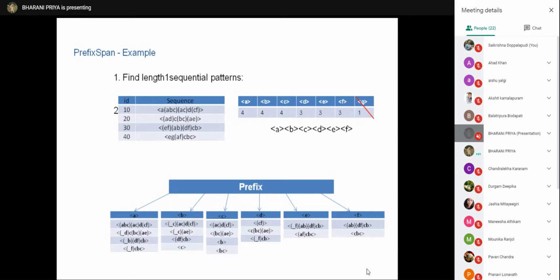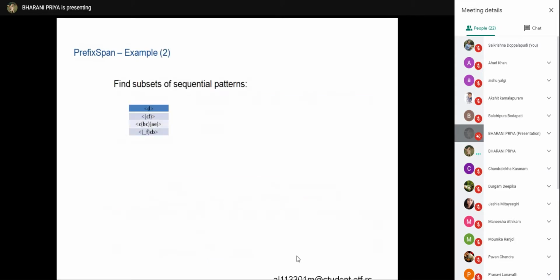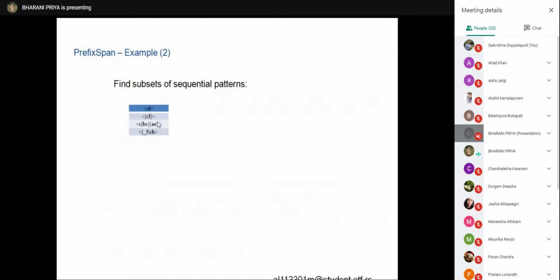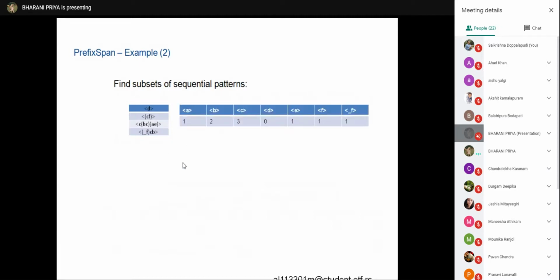Right. So now I'm considering this D, and you need to write all the prefixes for A, B, C, E, and F. But as of now, I am showing only D. So D contains these things: C, F, C, B, C, B, C, A, E, and F. So all one items A, B, C, D, E, F, and underscore F should also be considered because it is a part of item set.